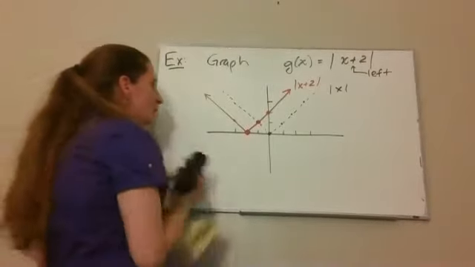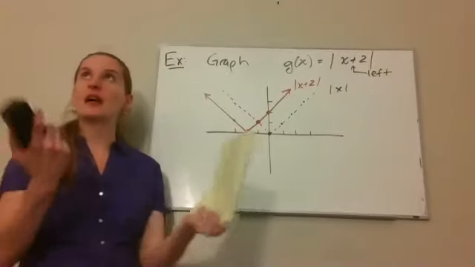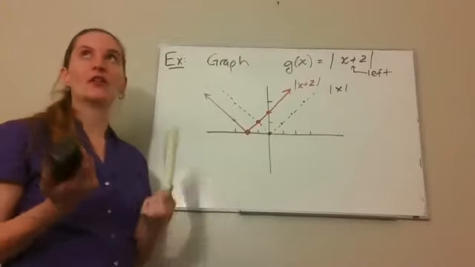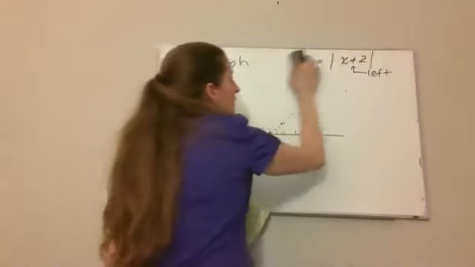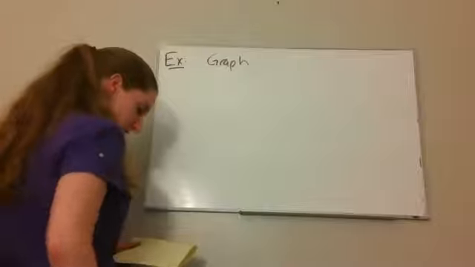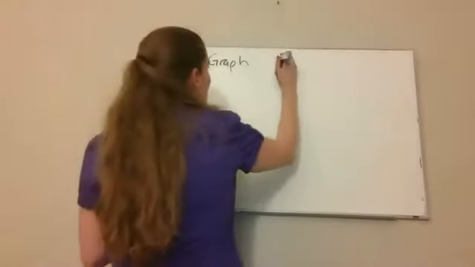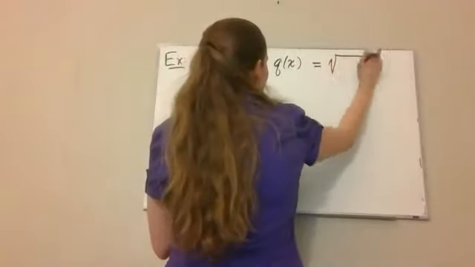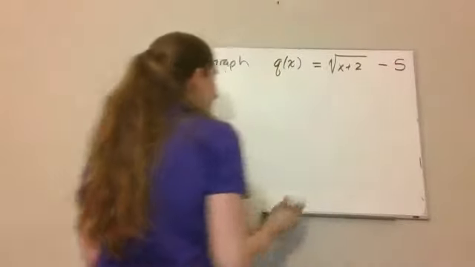Now, is it possible to have more than one of these translations in the same graph? Absolutely. In fact, our next example, we're going to have both a vertical and a horizontal translation. We are going to graph q of x equals the square root of x plus 2 minus 5.